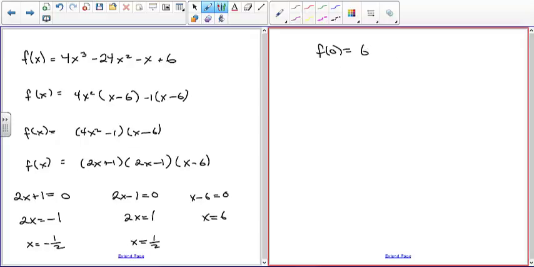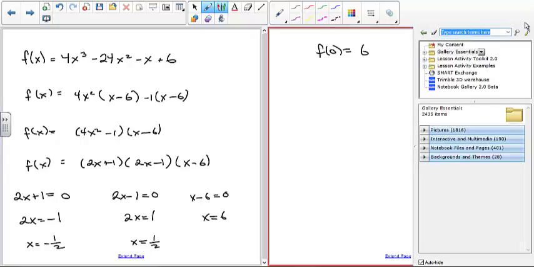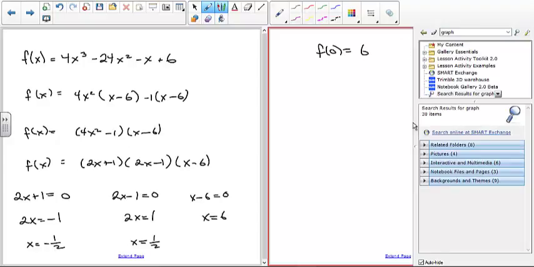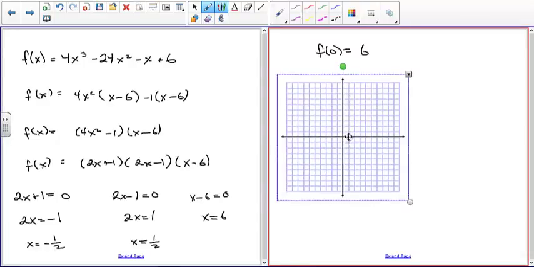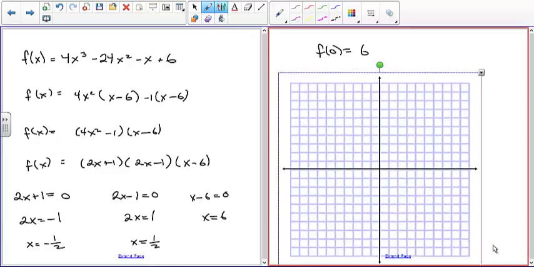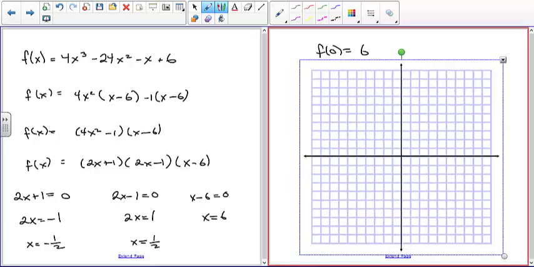So if we take a piece of graph paper, we'll be able to draw some of it, but it may not be super accurate. So we have the 3 x-intercepts.